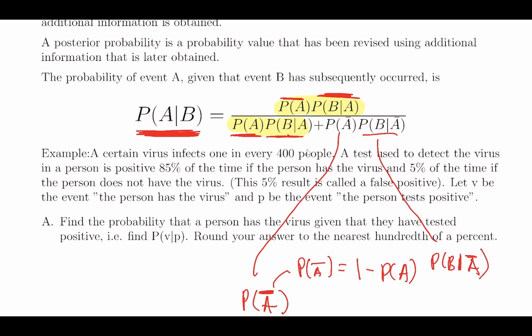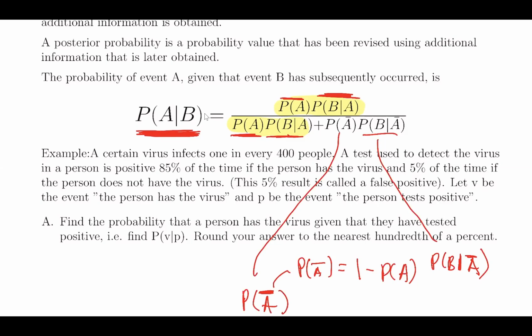So for this one, we're going to be using the Bayes theorem. That's the formula we're going to be using. I'm going to show you two different ways to do it. The first way I'm going to do with the formula.